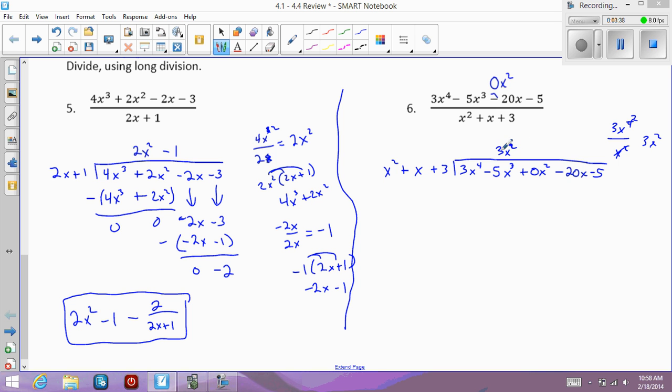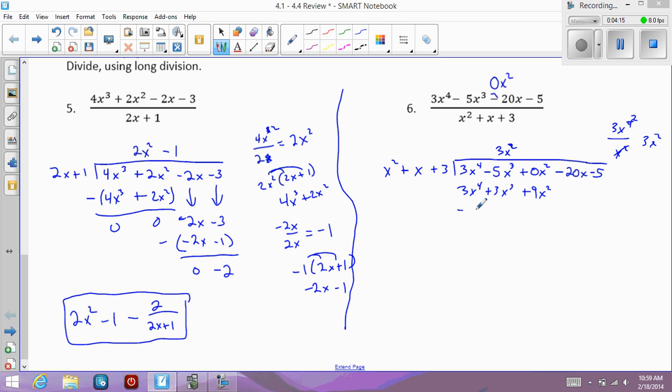When you distribute that, 3x squared times x squared is 3x to the fourth. 3x squared times the x is 3x to the third, and it's positive. 3x squared times 3 is 9x squared, and that's why we had to fill in the 0x squared here, because we need that placeholder for our work down here. So make sure you're checking those. No matter what division you're doing, you need to put in a 0 if you have a missing term.